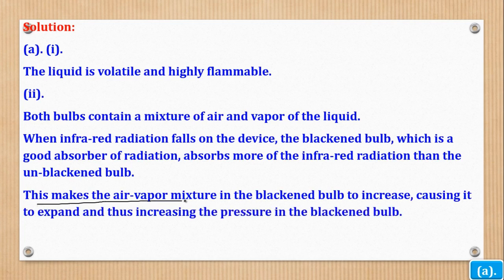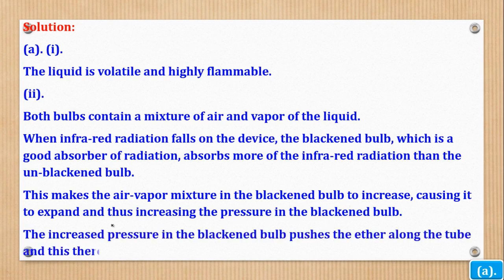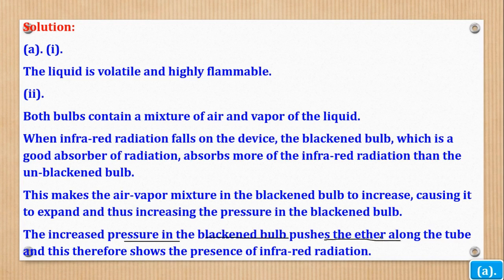This makes the temperature of the air-vapor mixture in the blackened bulb increase, causing it to expand and thus increasing the pressure in the blackened bulb. The increased pressure in the blackened bulb pushes the ether along the tube. The ether is the liquid employed. This therefore shows the presence of infrared radiation. And that is how marks would be awarded.